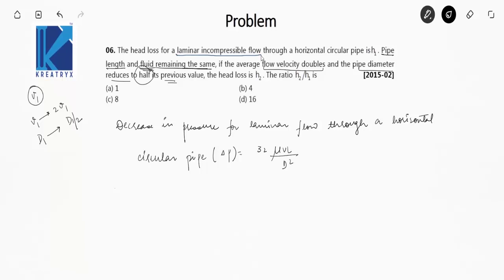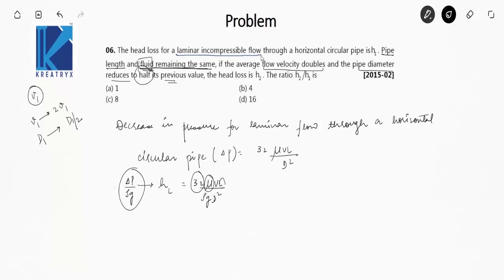Great. Now if we divide delta P by rho G, what do we get? We get head loss. So this will be equal to 32 mu VL by rho G D square. Now mu is constant, because it has been given the fluid remains the same.